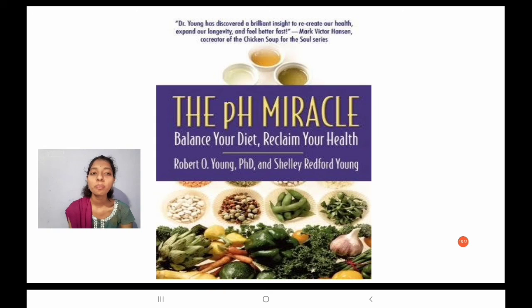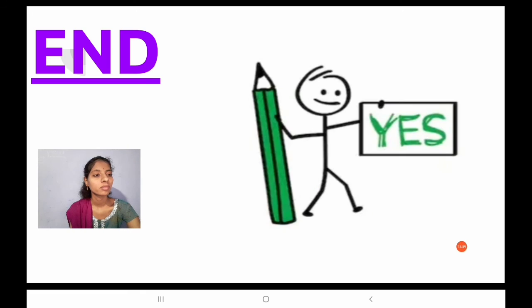Okay, so by using the pH scale, you can balance your diet. This is about the pH scale. Thank you.